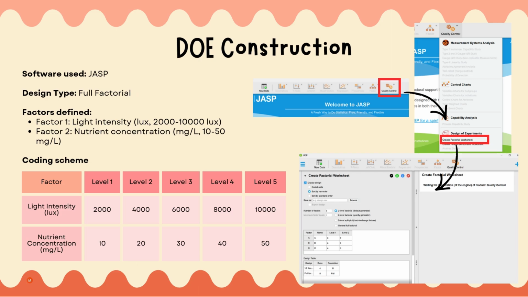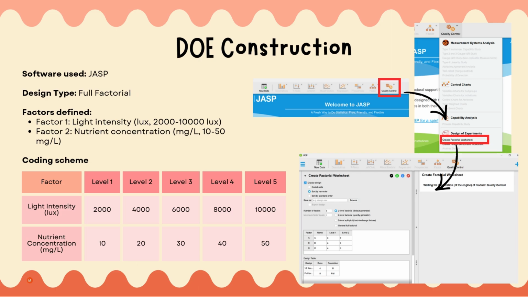Both of these factors are coded into different levels with 5 levels for each factor. So for light intensity, the values are 2000, 4000, 6000, 8000, and 10,000 lux for each level. And for nutrient concentration, the values are 10, 20, 30, 40, and 50 milligrams per liter for each level.